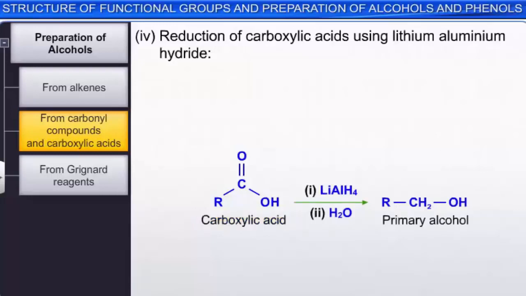This is actually a two-step process. First, treatment with lithium aluminium hydride, followed by the reaction with water. Lithium aluminium hydride is actually very expensive, so the use of this reaction is somewhat limited.